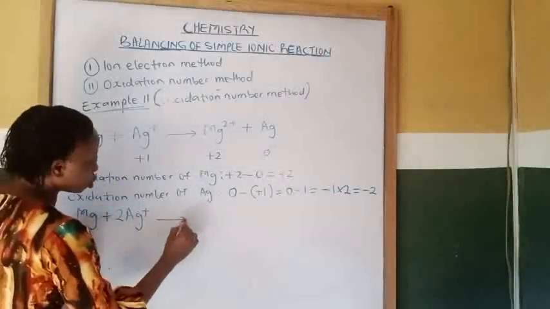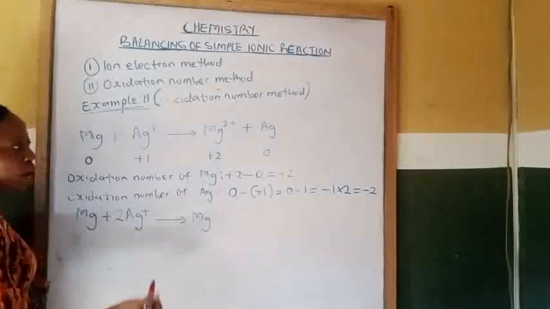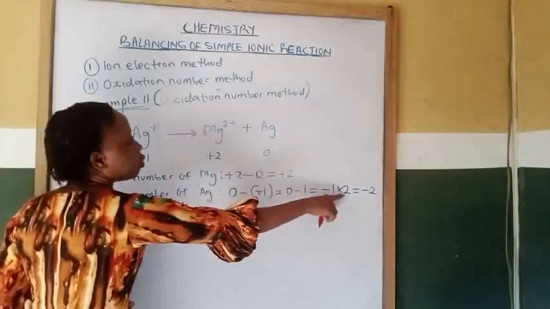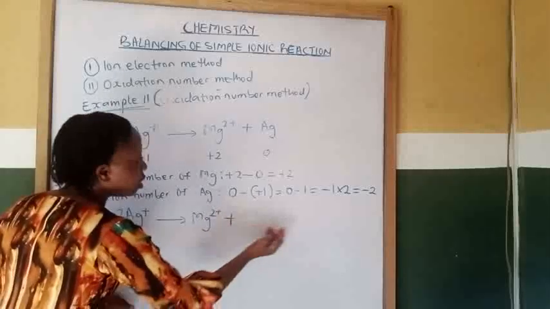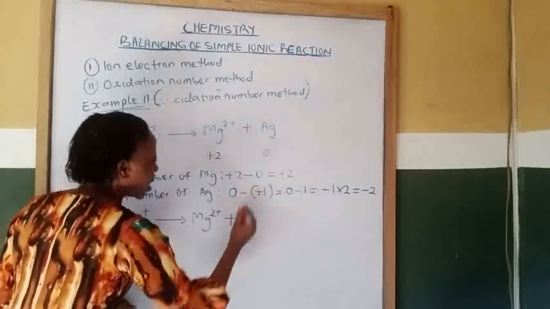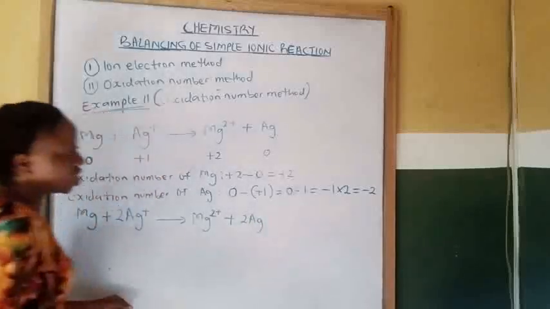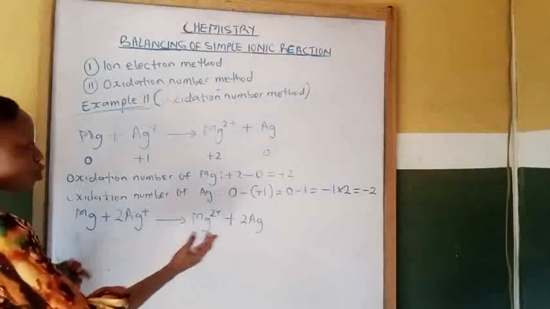So equal to, then Mg, don't forget that we are only multiplying Ag by 2. So 2 plus, multiply this 2 by Ag at this side. So we give you 2 Ag. So let's check the number of electrons at both sides.